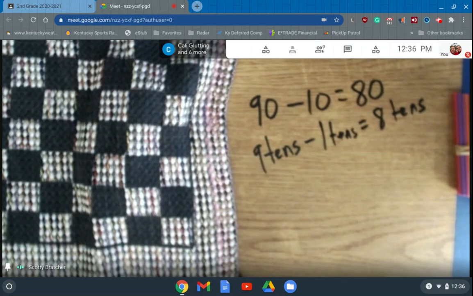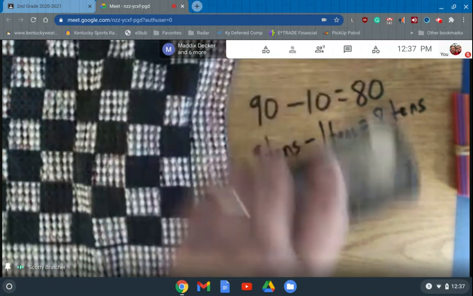Another reason why I want you to be able to write your thinking down is because at some point I'm going to give you a test on this stuff. And you've got to be able to write it down because I can't see inside of your head. The only way I can see your thinking is for you to write it down, unless you tell it to me. All right, so I'm going to erase this.